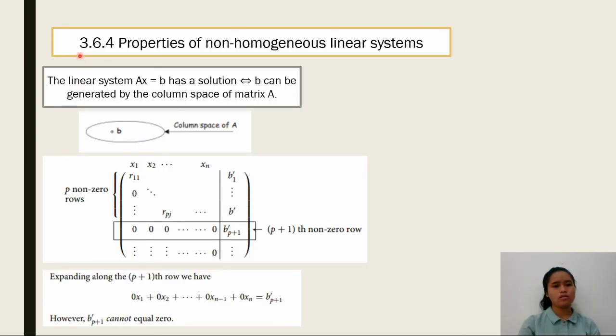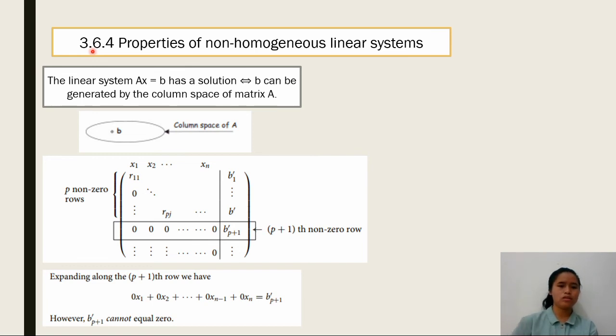Okay, 3.6.4 properties of non-homogeneous linear system.